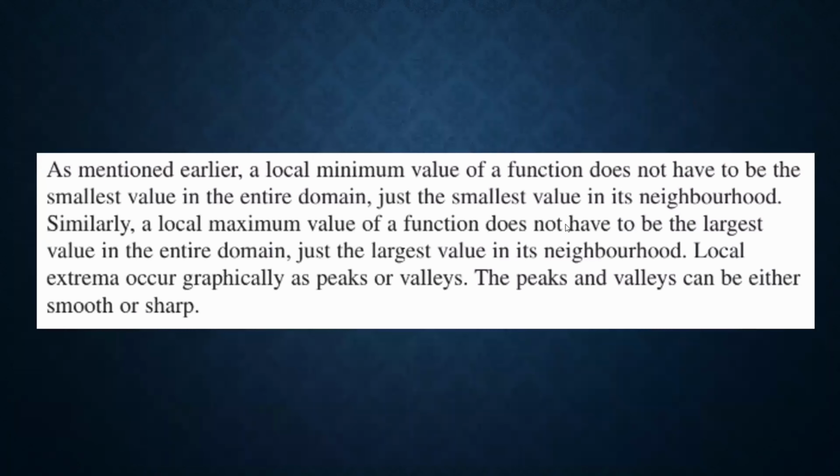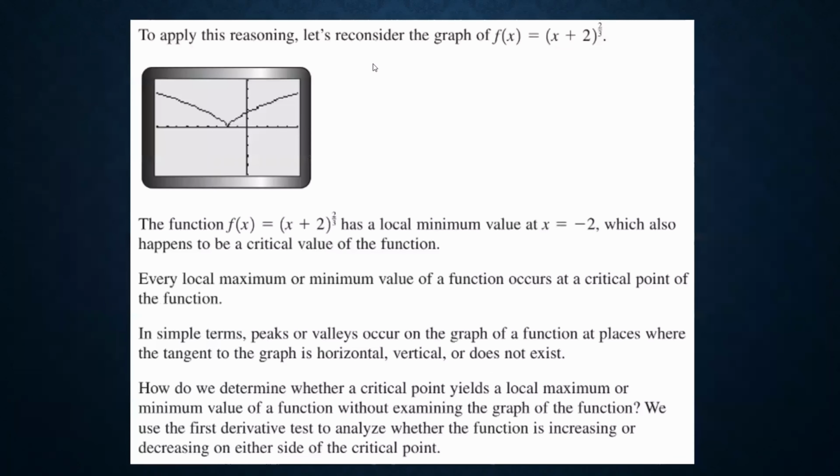Here's the visualization of this function. So to apply this reasoning about peaks and valleys, let's reconsider the graph from the previous example. Here is how it looks, right? Yeah. So the function f of x has a local minimum value at x equals -2, which also happens to be a critical value of the function.